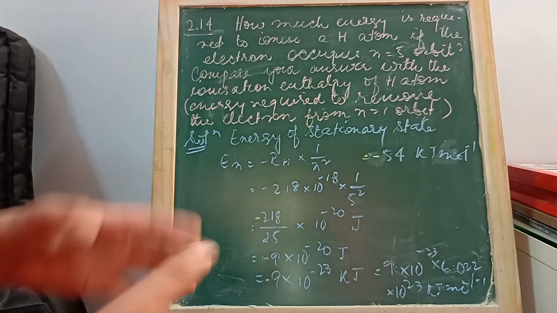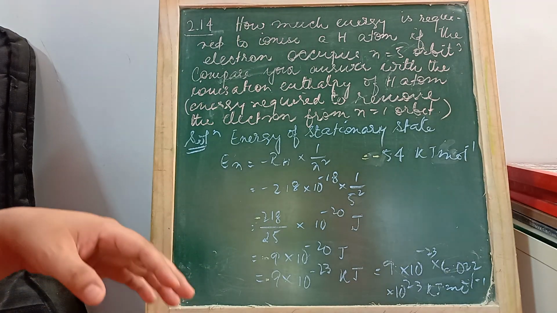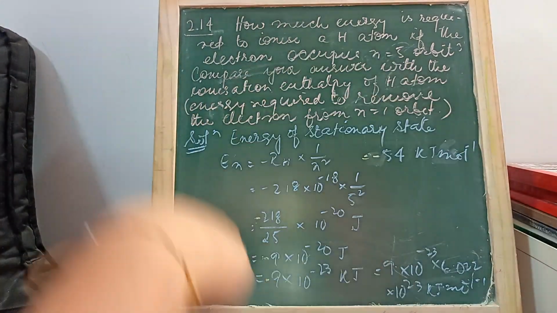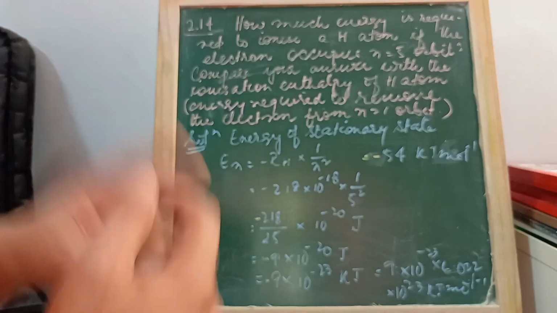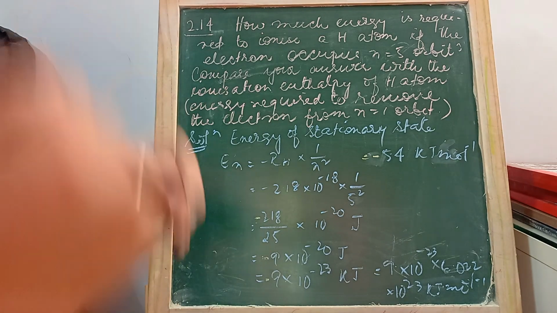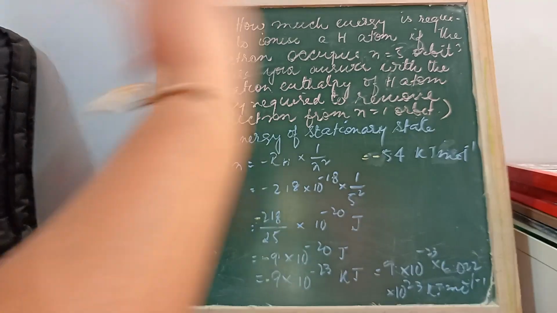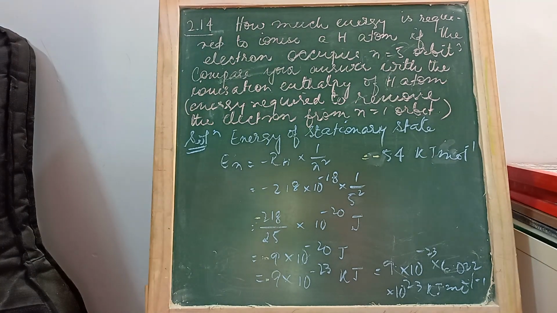In the second point of the theory of the hydrogen atom, Bohr says that the energy of the electron in the nth orbit is fixed. He uses the term stationary state, which is in complete conflict with James Maxwell, who said that when any charged particle accelerates, when its velocity increases or decreases, there will be release of electromagnetic radiation or energy.